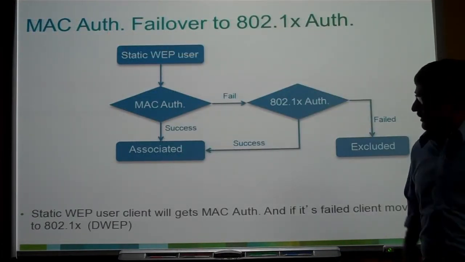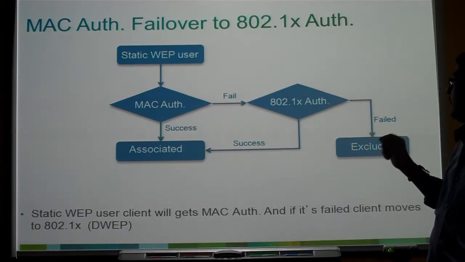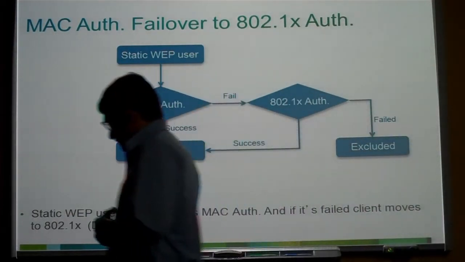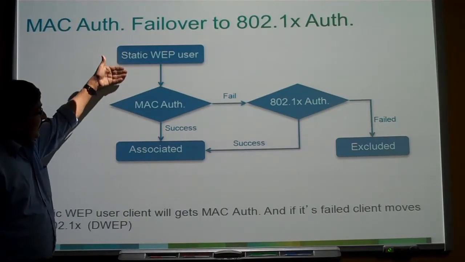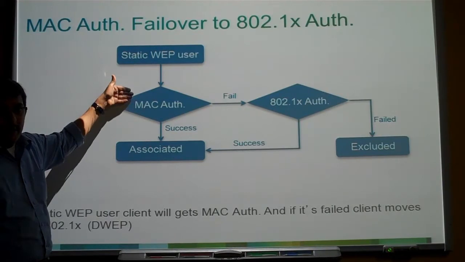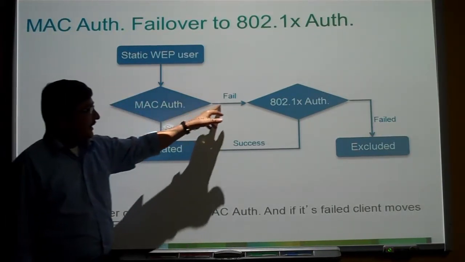So here's a flow of how exactly MAC auth failover to .1x auth works. Let's say here is a static web user trying to come in. He's trying to associate to the controller, but his MAC entry is not in the list, so obviously he will fail.